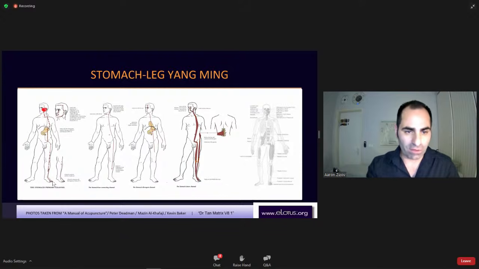Stomach 45 on this side is good, so I will start with this, but I will also use large intestine 1 on the other side, on the right side in this case, because the channel is going through here, through the nose. So in this case, I will use two different sides.